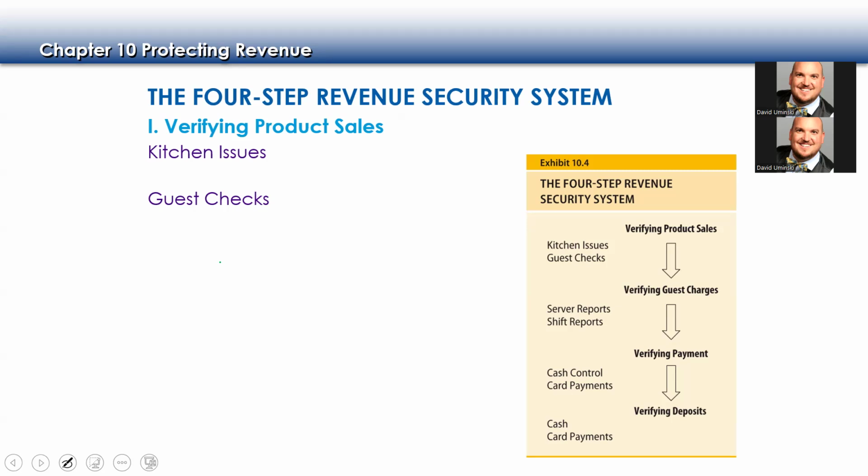So you want to verify that everyone has been charged correctly. Everything has been served and charged correctly. Then we also want to make sure that we verify that everybody is charged the correct amount. So, what are some concerns with overcharging a guest?